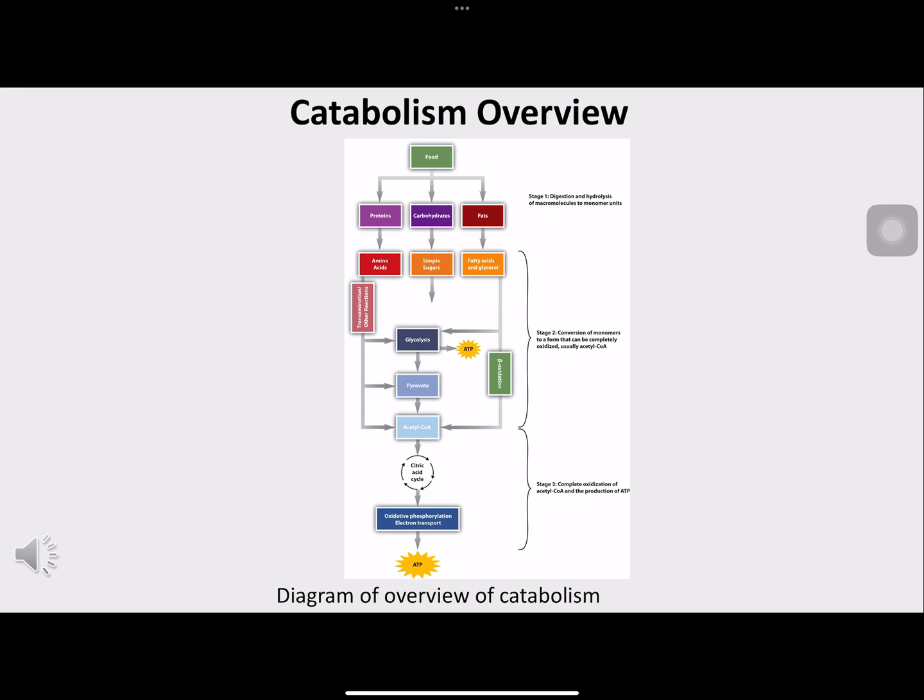If we're dealing with fatty acids, then we would do the beta oxidation that we talked about, and again generate the acetyl-CoA and continue on through the citric acid cycle, the Krebs cycle, and then through the electron transport chain. In all cases, we're going to generate ATP.